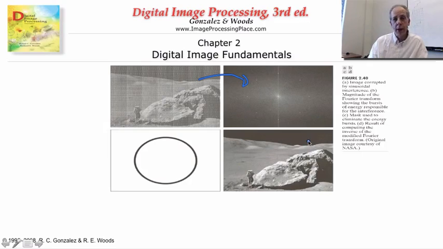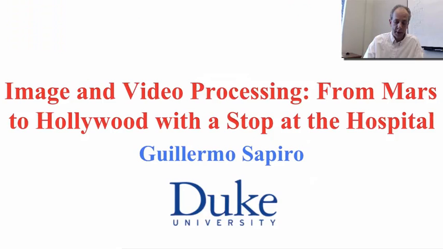So once again, those of you that are familiar with basic signal processing and the Fourier transform, this is nothing else than a Fourier filter. For those of you that are not familiar, just think that I took the image, I took that two-dimensional array, and I transformed it into a different two-dimensional array. I did some manipulations there, and I came back, and I got a very clean image back. And once again, this is only to illustrate that what we are doing here is operating with two-dimensional arrays, where at every point we have a value that represents the brightness or the color in that particular location or pixel.